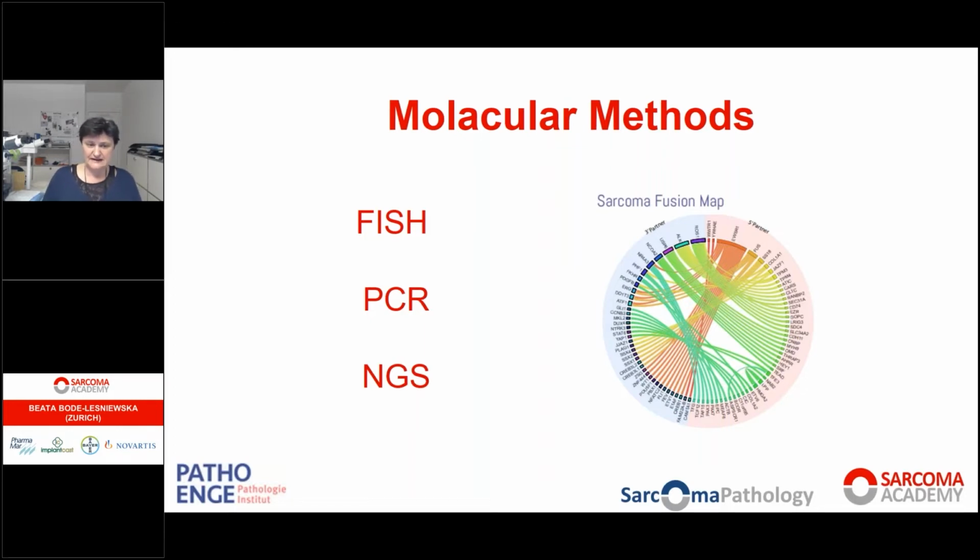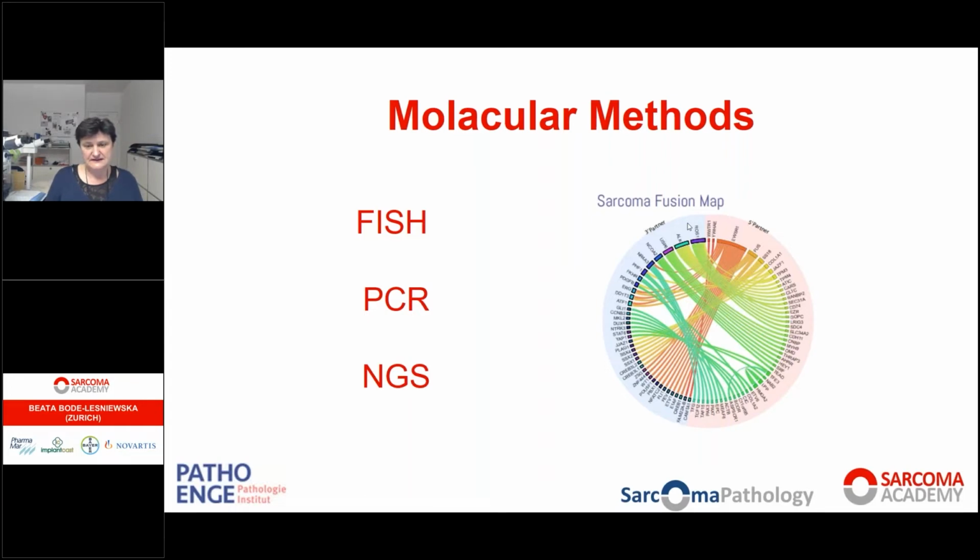FISH is quick, PCR is quick, NGS is very comprehensive, but it takes longer. With next generation sequencing, you can study multiple genes at the same time. However, you definitely need more time than for FISH and PCR.